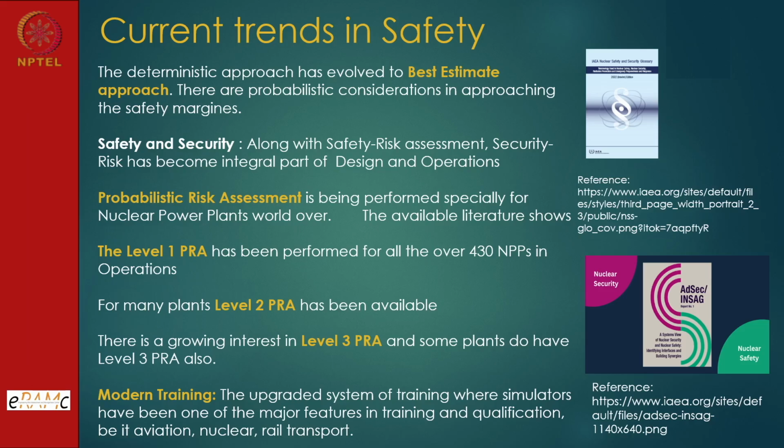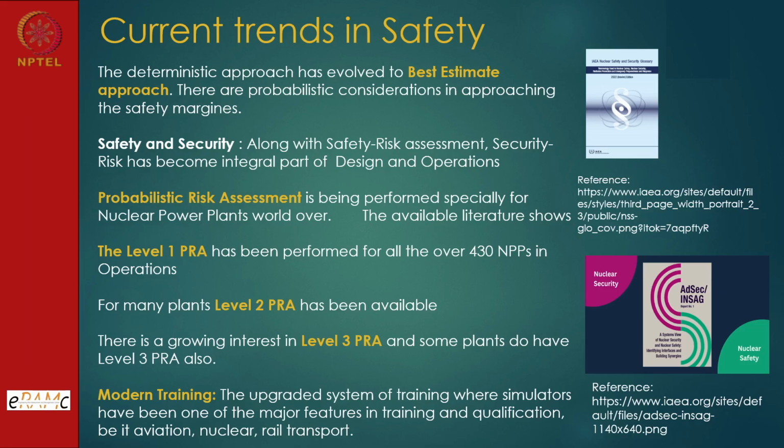In regulation it has entered as a risk informed approach in support of decisions. In operation it is basically to have a relook at our activities, whether we are very conservative, and accordingly they are evaluated probabilistically as part of a risk informed or risk based approach, and corrective measures are taken if the margins are of course available. And then modern training has also improved.